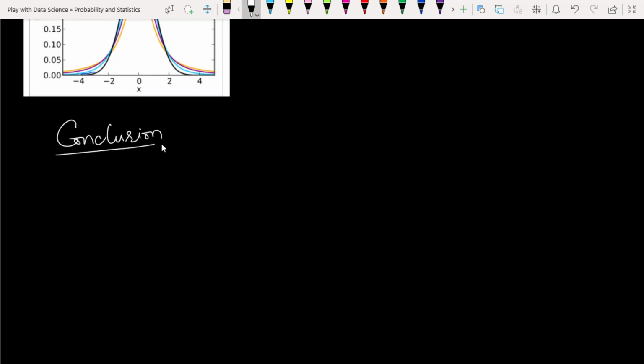The conclusion is, so, estimate the confidence interval of the population mean mu of any random variable.